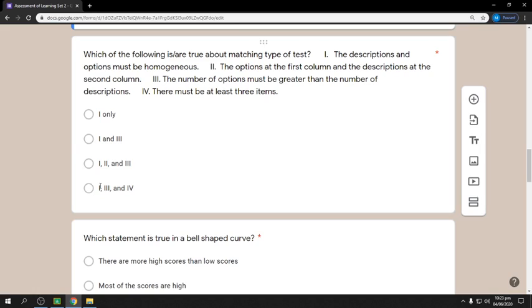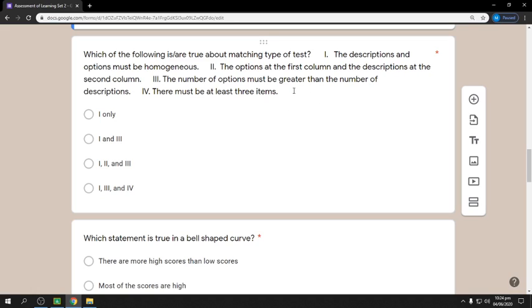So obviously 1 is an option. However, it seems like 1 may not be the only option here. It could be 2 or 3. So let's see. I would cross out 1 in this case. Let's check option number 4: there must be at least 3 items.